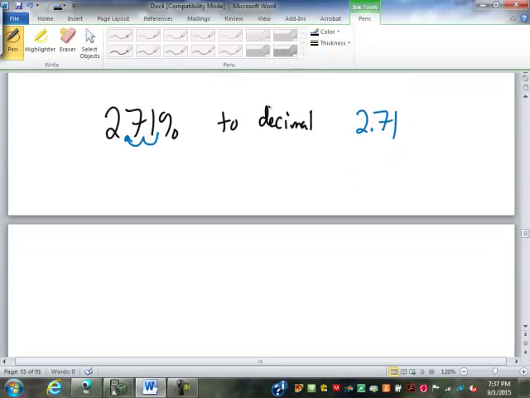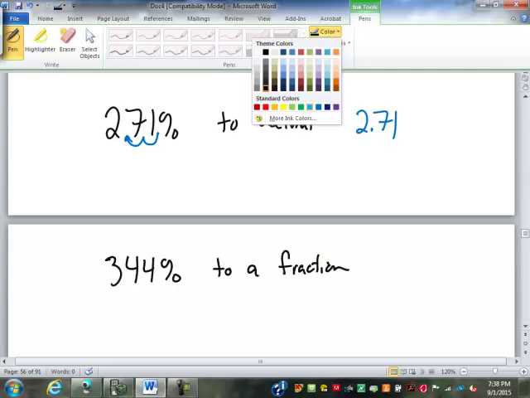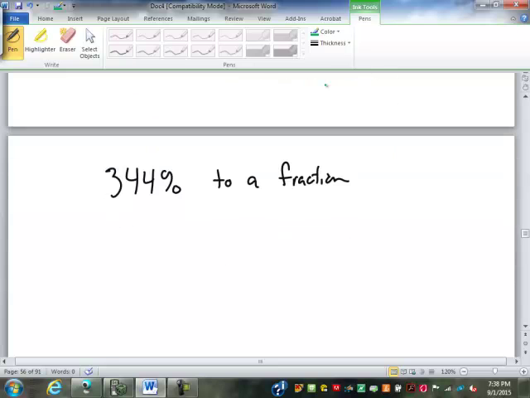How about 344% to a fraction? It's out of 100, exactly. So it's 344 out of 100. But we can convert that into a mixed number. How many times does 100 go into 344? 3 times.